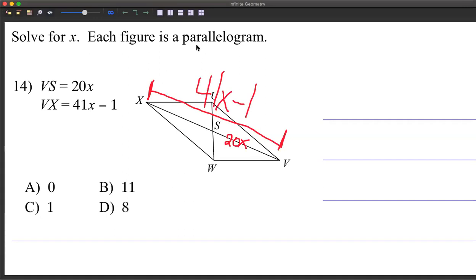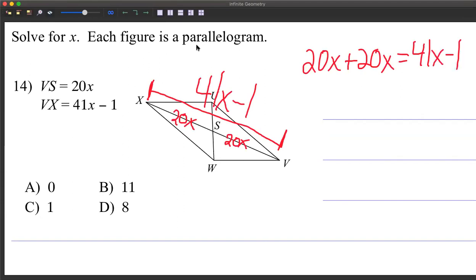Well, remember that the two little pieces are the same. So that one's 20x, this one's 20x. And now I can write an equation: 20x and another 20x all together is going to get me that 41x minus 1. And now I have an equation that I can solve.